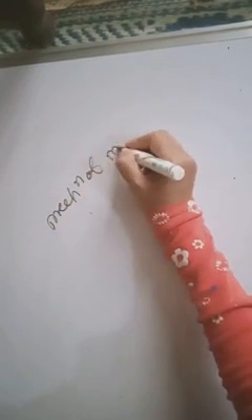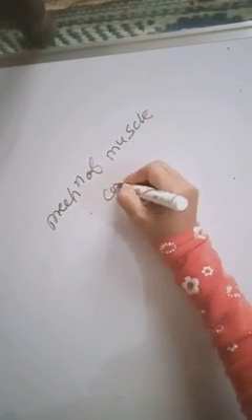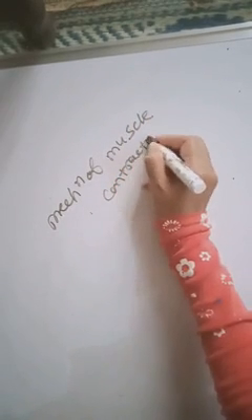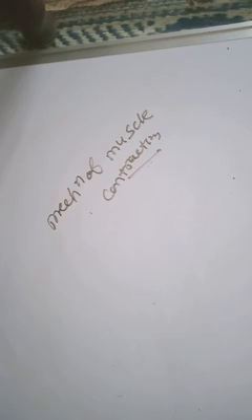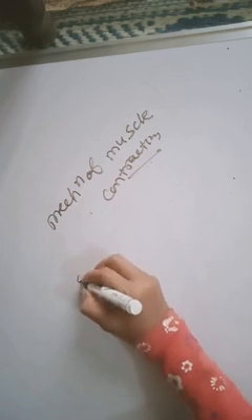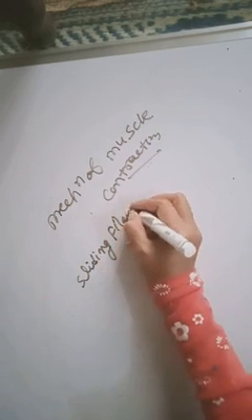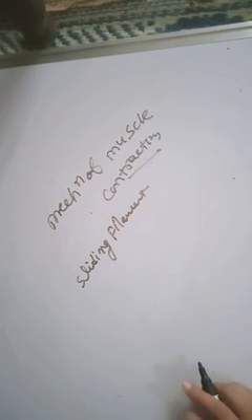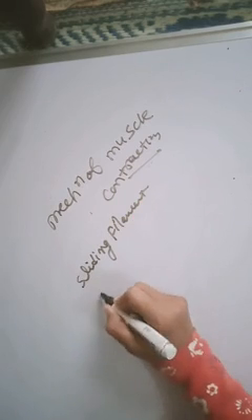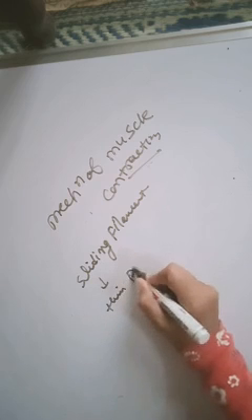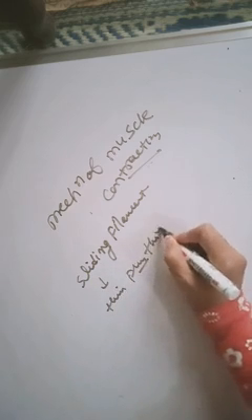The mechanism of muscle contraction has been explained by the sliding filament theory, which states that contraction of a muscle fiber takes place by the sliding of the thin filaments over the thick filaments.